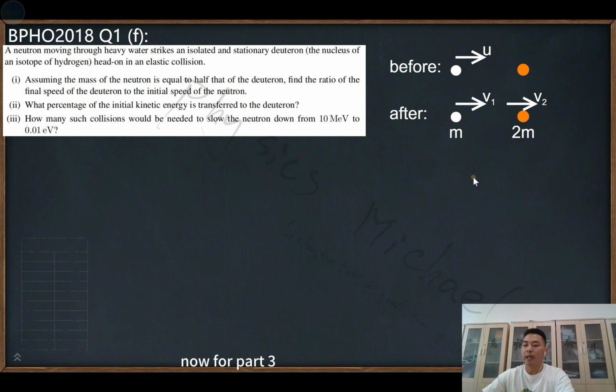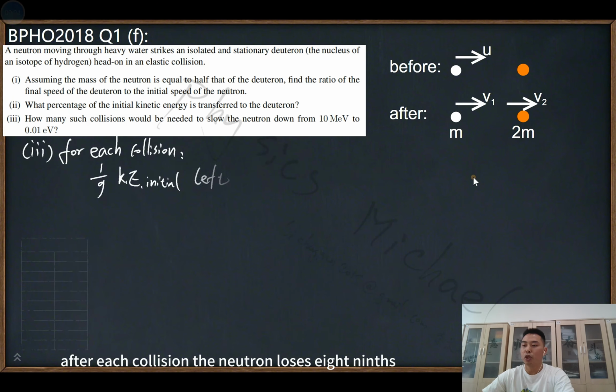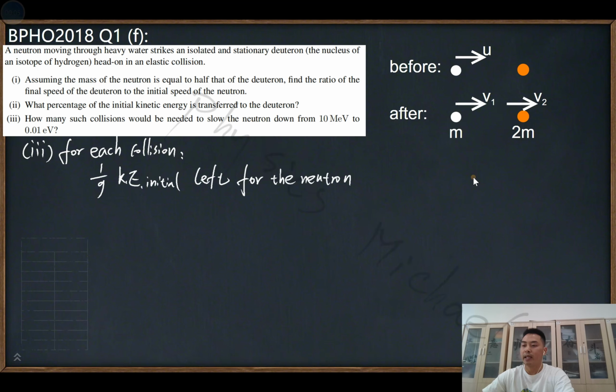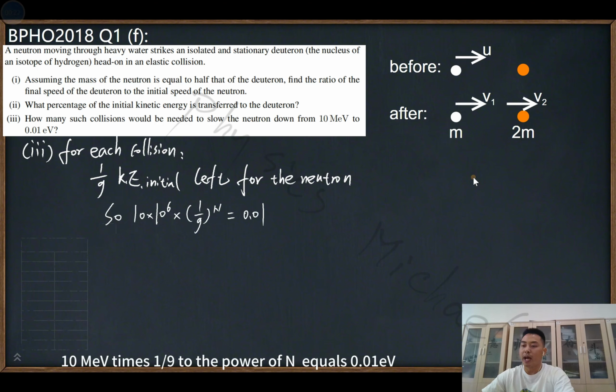Now for part 3. After each collision, the neutron loses 8/9 of its energy, so only 1/9 remains after each impact. To reduce the neutron's energy from 10 megaelectronvolts down to 0.01 electronvolts, we can set up the equation: 10 million electronvolts times (1/9) to the power of n equals 0.01 electronvolts.